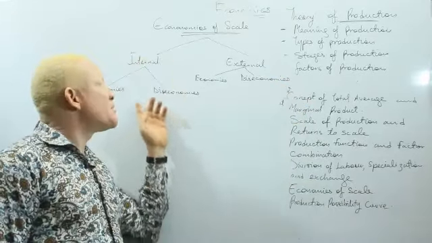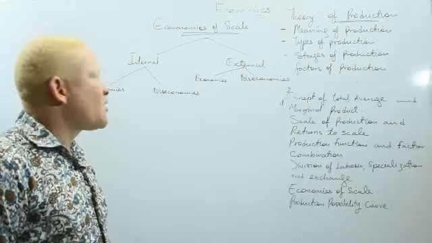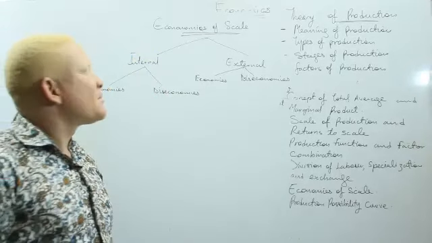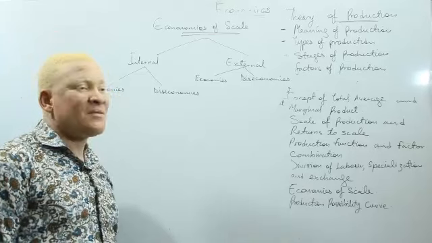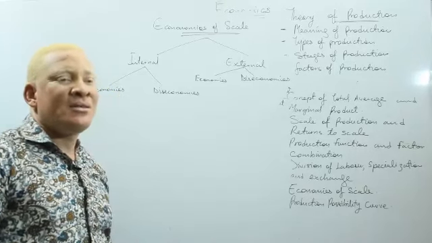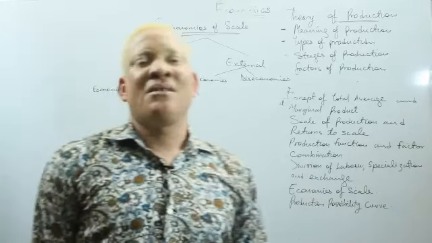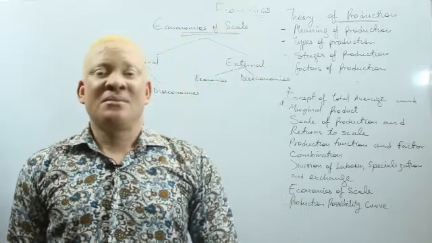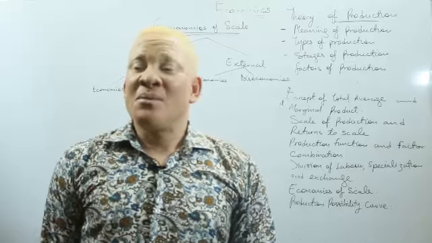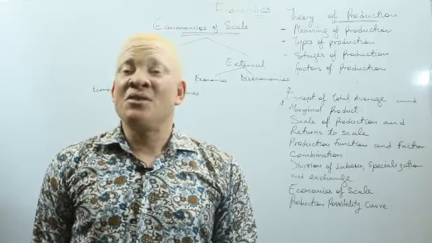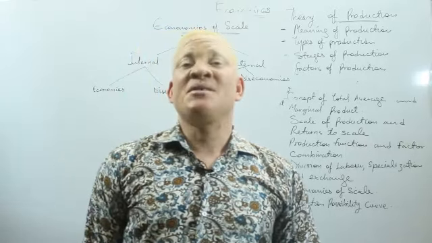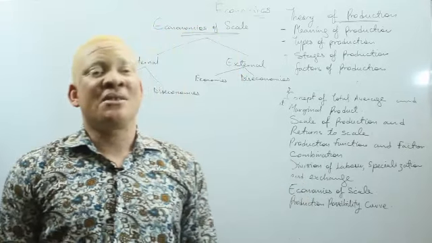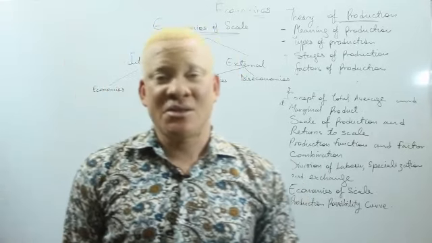Taking the first one, which is internal economies of scale. Generally, we have defined economies of scale as the costs and benefits which a firm derives from an increase in its volume of production, that is, in the scale of production.